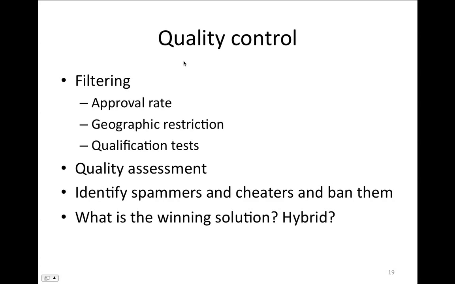You can use a geographical restriction if you care about some specific criteria. You can have a qualification test or assign qualifications, which also helps to filter out lower quality workers. Throughout your experiments, you should identify spammers and cheaters, generate a list, and ban them from your future experiments.